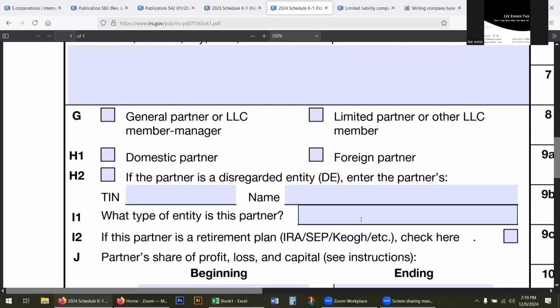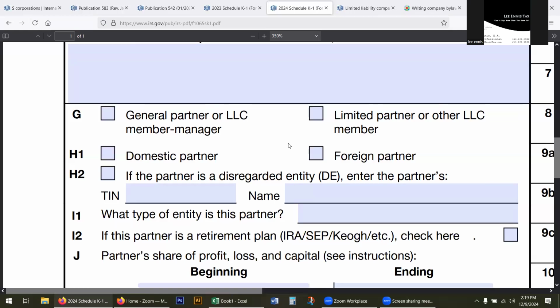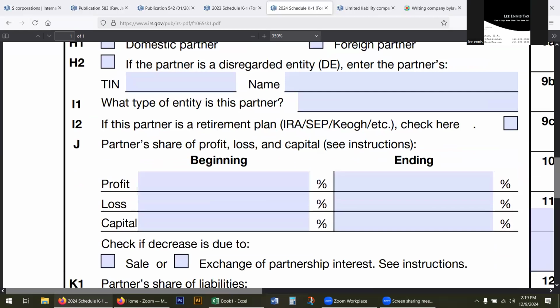A partner can also be another entity. For instance, it can be another LLC. It can be another nonprofit. It can be all these different things. A partnership can also be a retirement plan, a 401k, an IRA. All these different things can be inside of a partnership. All right. Now, here's the big difference between partnerships and corporations.